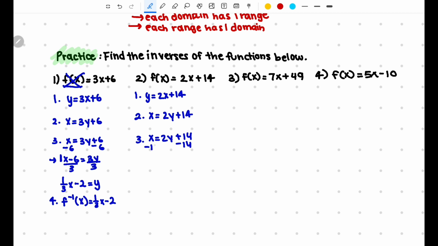Subtract 14: x minus 14 equals 2y. Divide both sides by 2, we get half x minus 7 equals y, and last we're just going to replace y. And that's our final answer.